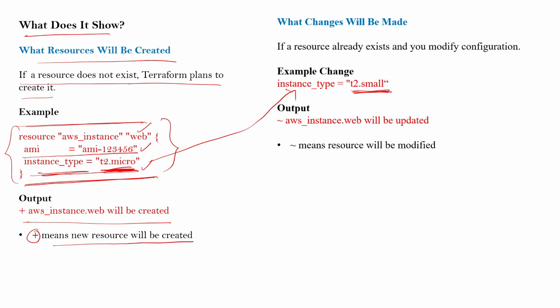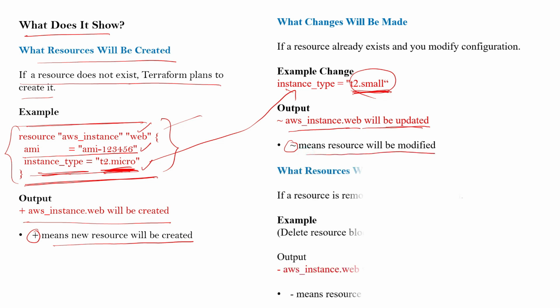Now Terraform will identify that for this machine the current instance type is t2.micro, and now you have mentioned t2.small. That means you need an update. You want to update the machine configuration. So you will see something like this: aws_instance.web will be updated. That means the instance will be updated with the new instance type. Here the tilde symbol means the resource will be modified.